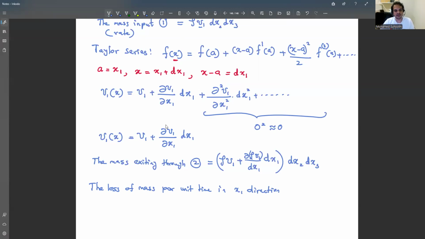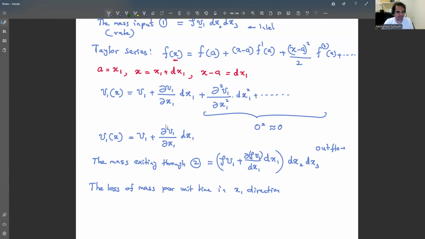Now this is my outflow, and this is my inlet, my input flow.